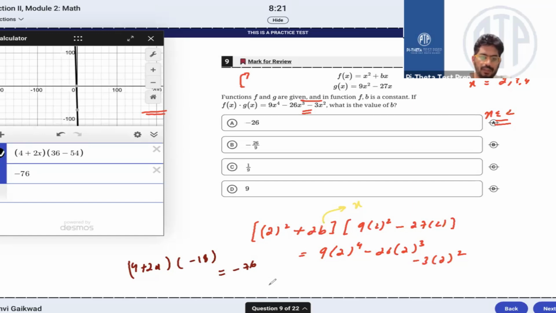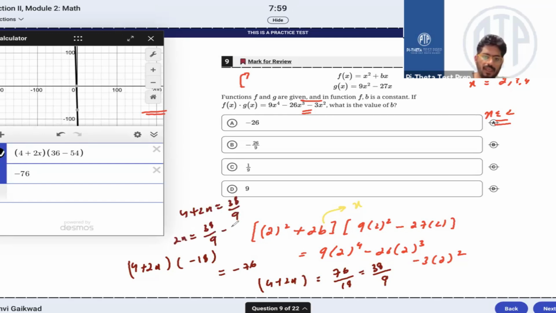So 4 plus 2x is equal to 76 upon 18. If you calculate this, it will become 9, this will become 3, and probably 38. So 4 plus 2x is equal to 38 upon 9, or 2x is equal to 38 upon 9 minus 4.